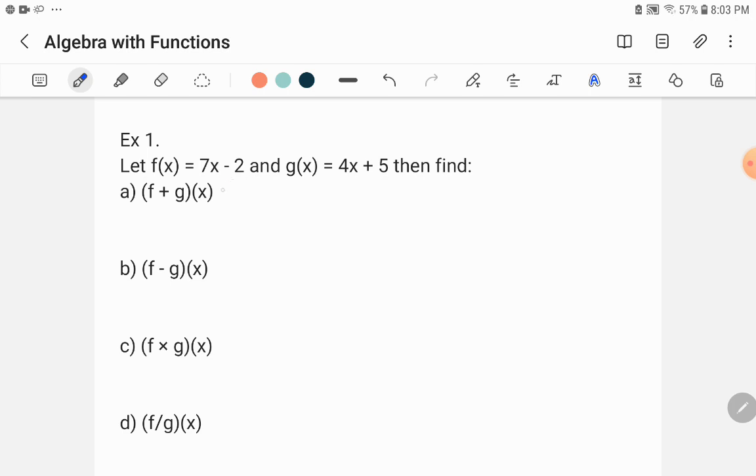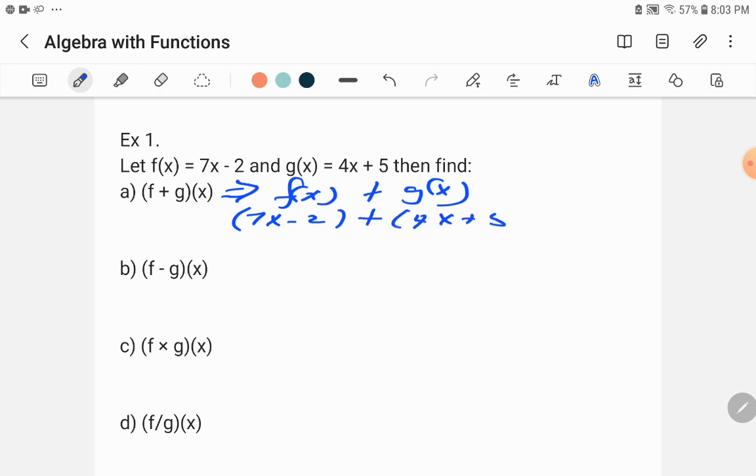So here, this simply means f of x plus g of x. So we'll have 7x minus 2 plus 4x plus 5.